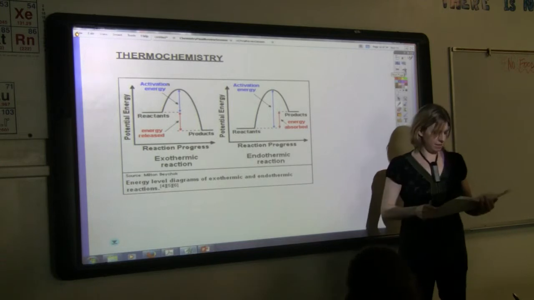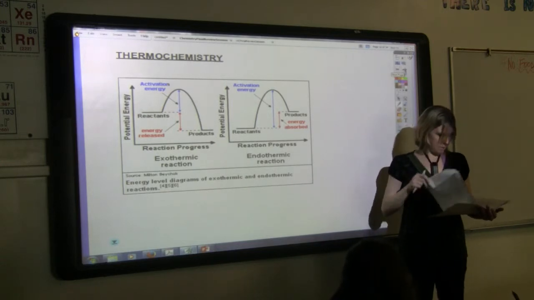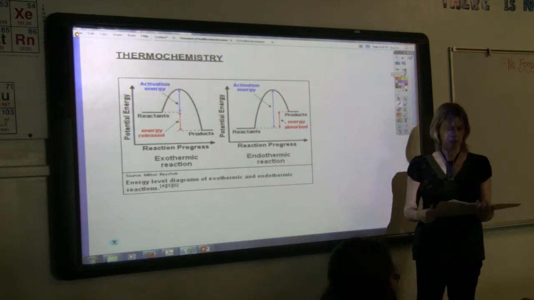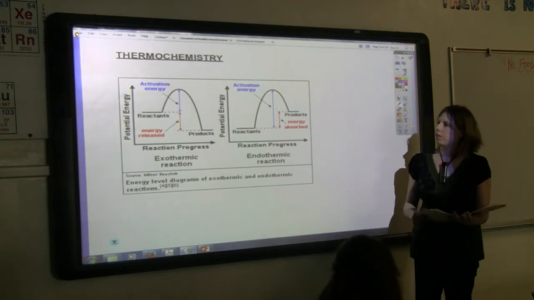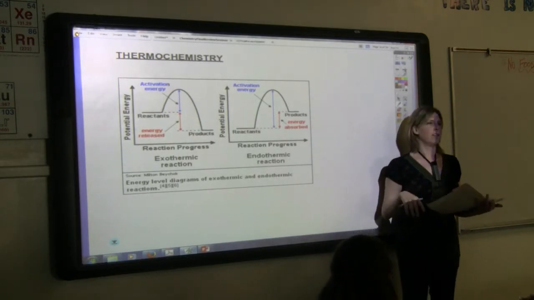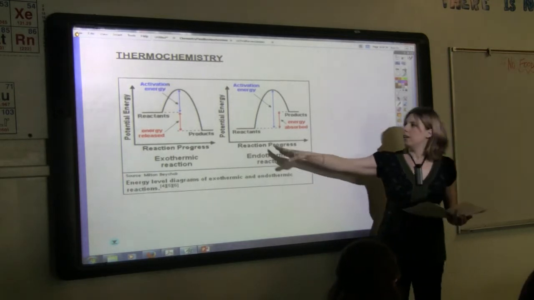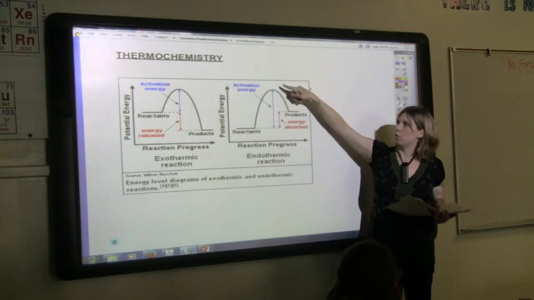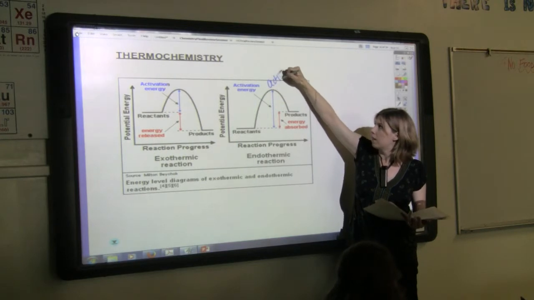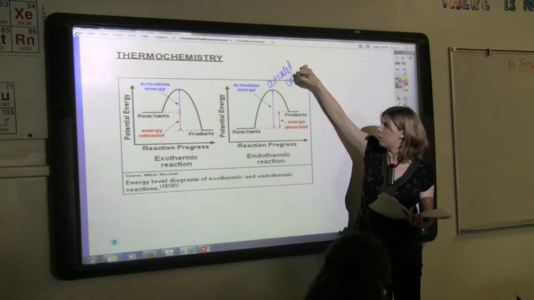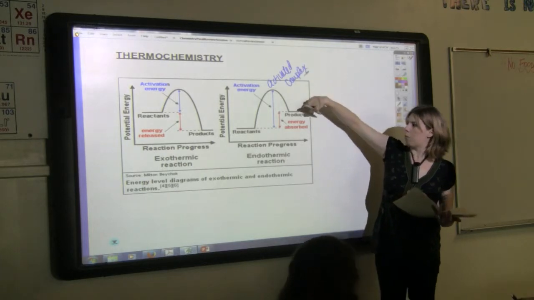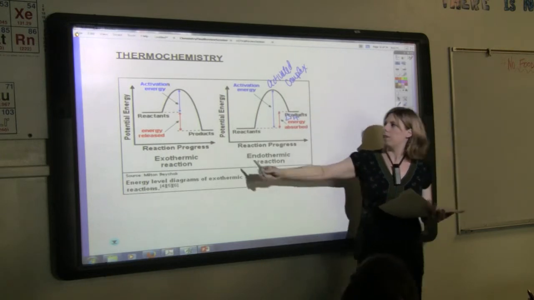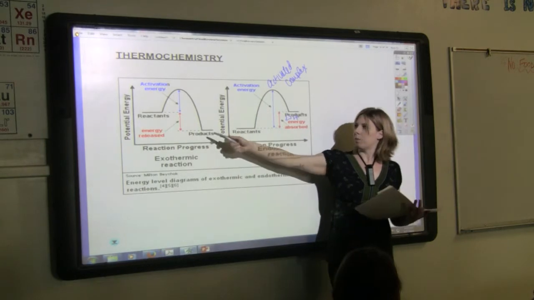All right. On to thermochemistry. So you need to know the potential energy diagrams and all the terms. So you need to know where we find the reactants, where our activation energy is, where our activated complex will be, where our products are, and then our delta H. So for an exothermic reaction, this is what our potential energy diagram looks like.